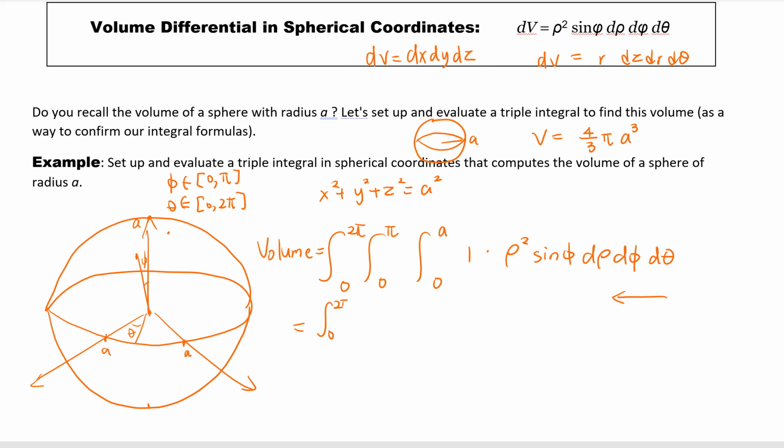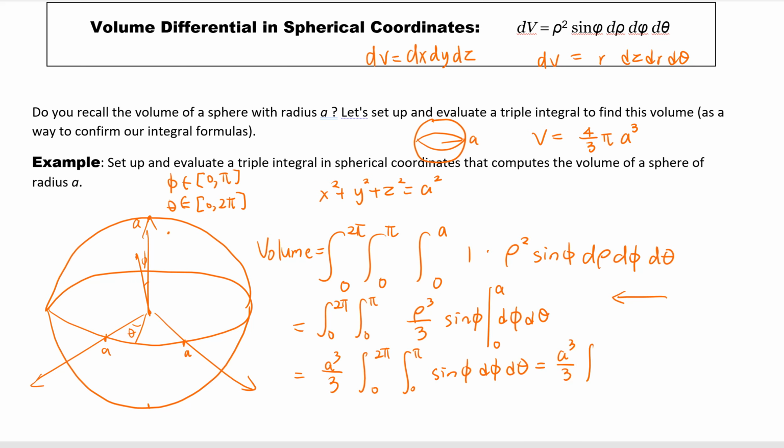Integral of rho squared is rho cubed over 3, and then we have sine phi d phi d theta. This gets evaluated from 0 to a. So we plug in a, we get a cubed over 3, and when we plug in 0 it is 0. Because it's constant, we can move it outside of the integral. And then we have sine phi d phi d theta.